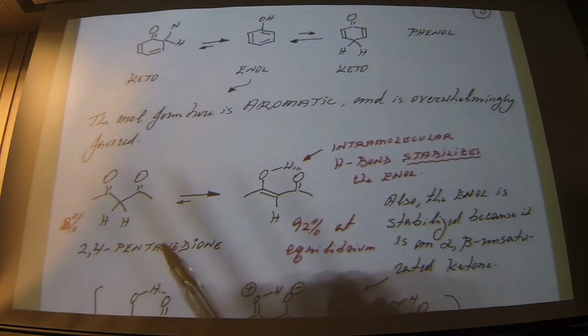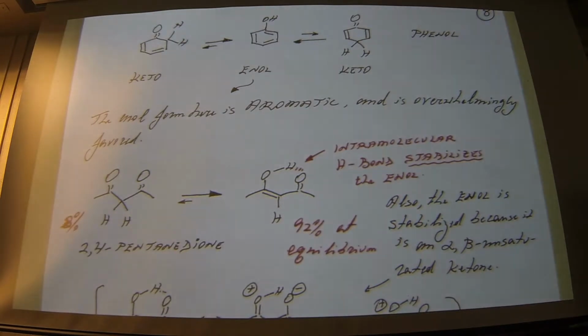Whenever I have 1,3-dicarbonyl compounds, 1,3-diketones, ketoesters, diesters, what have you, anytime I have a 1,3-dicarbonyl compound, the enol form is usually present in some significant quantity. And the reason is indicated here, pentane dione.